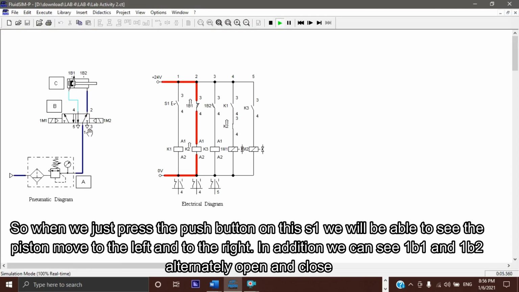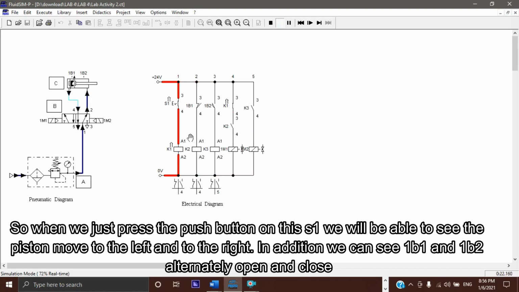So when we press the push button S1, we will be able to see the piston move to the left and to the right like this. In addition, we can see IB1 and IB2 alternately open and close.